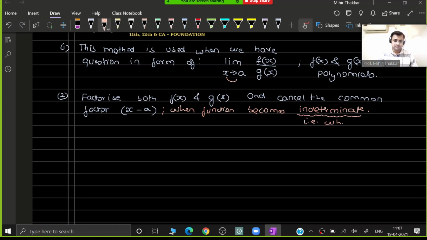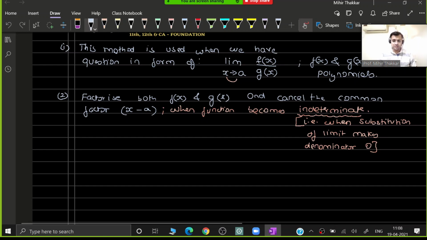That is when substitution of limit makes denominator zero. Don't worry guys, I will explain to you all these steps that I am writing. Just copy it down, whether you are able to follow it or not, no worries about that. You will completely understand everything when we are taking an example based on this. Right now I am just giving you the steps, so just copy it down as it is.